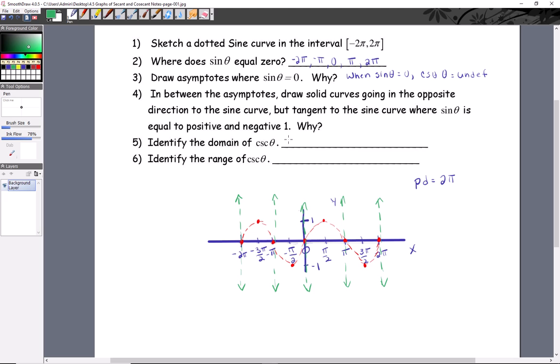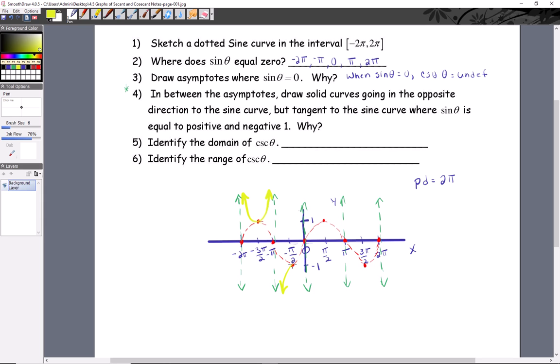Then we're at number 4 here, and it says in between the asymptotes draw solid curves going in the opposite direction to the sine curve, but tangent to the sine curve where sine theta is equal to positive and negative 1. So let's go with this color here. That's one branch of a cosecant curve.